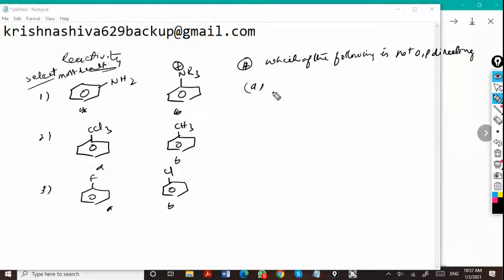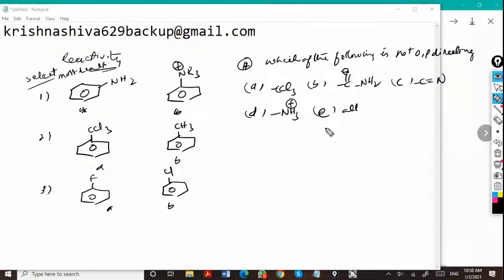Option A, CCl3; B, C double bond NH2; C, C triple bond N; D, NH3+; E, and a not meta directing option.